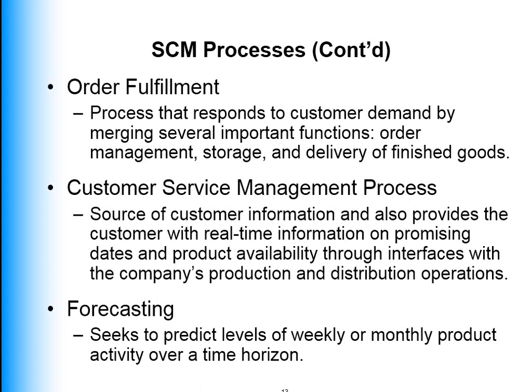So the next one will be forecasting. This one seeks to predict levels of weekly or monthly product activity over a time horizon. Usually these forecasts are based on the quota of sales or the last year's figures of sales.